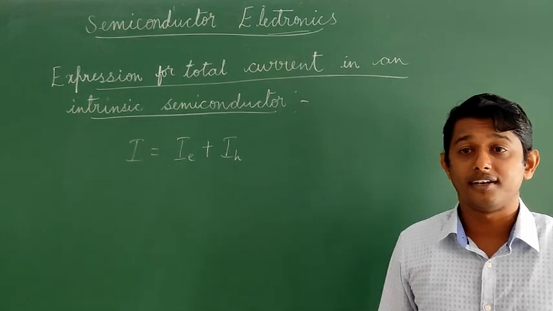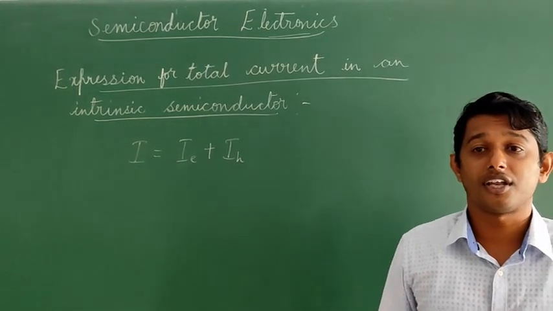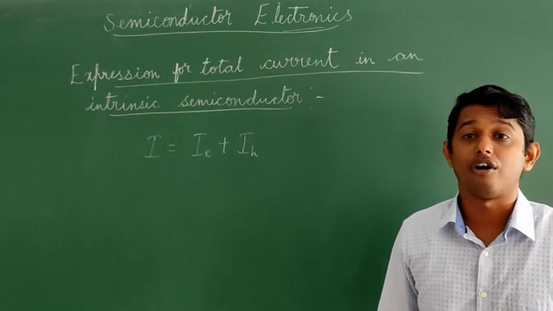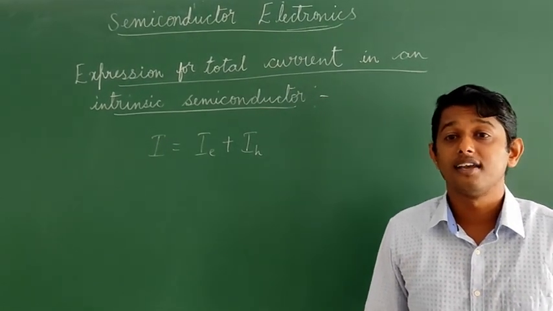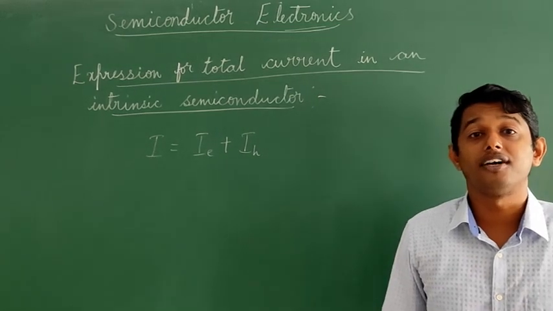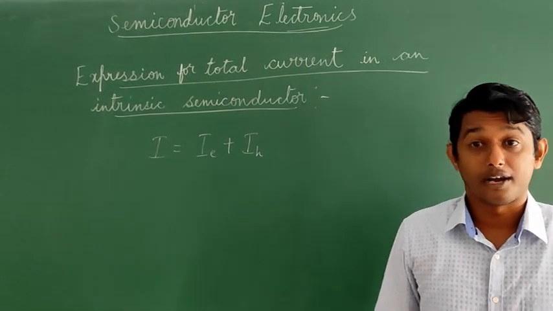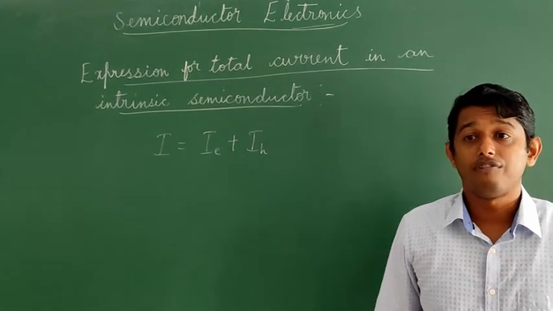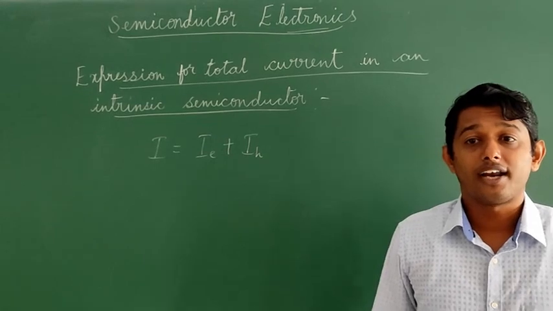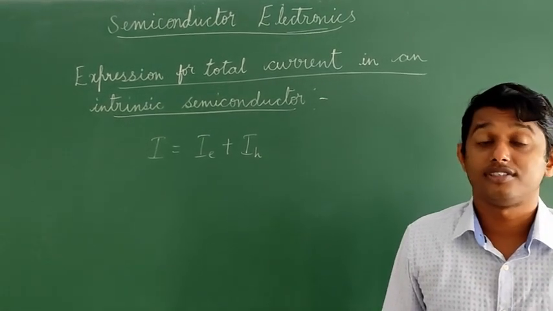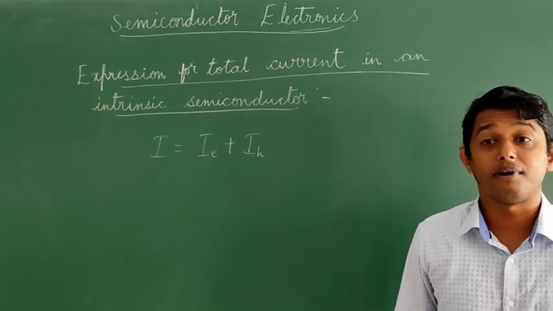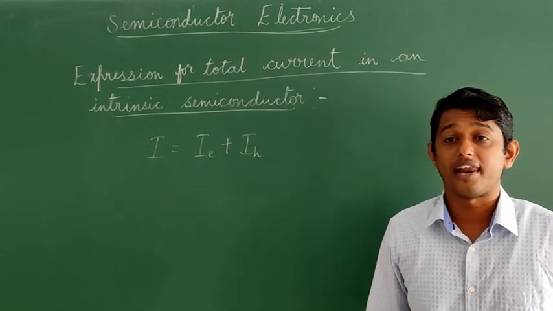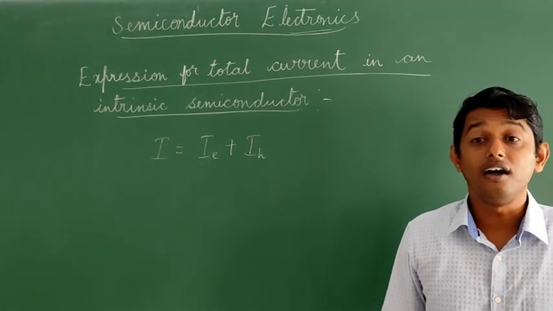It may be noted that apart from the process of generation of conduction electrons and holes, a simultaneous process of recombination occurs, in which the electrons recombine with holes. The recombination occurs due to an electron colliding with a hole.